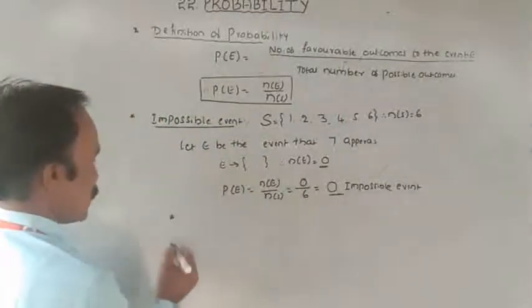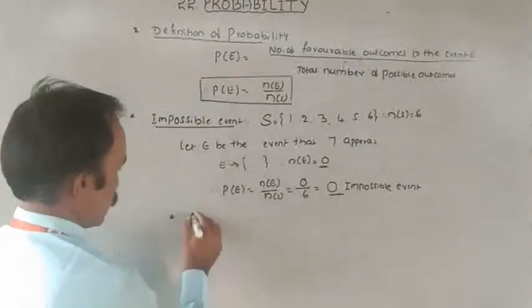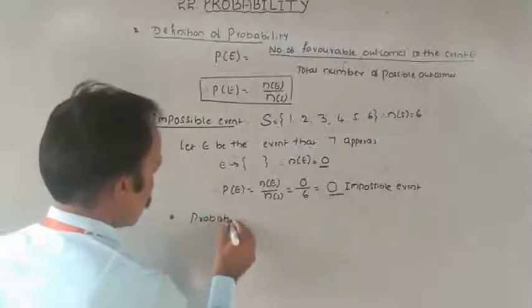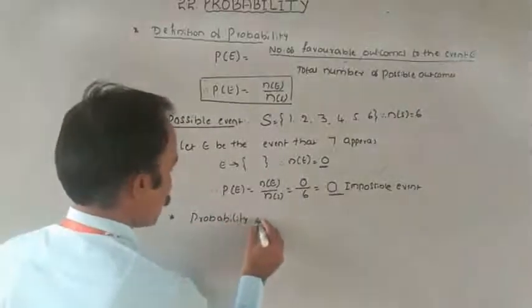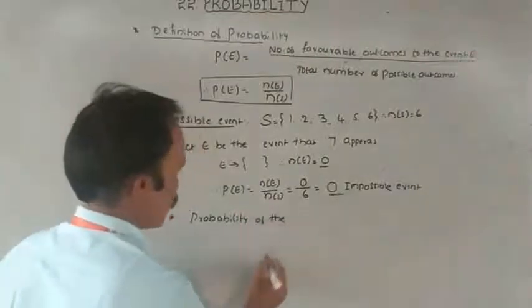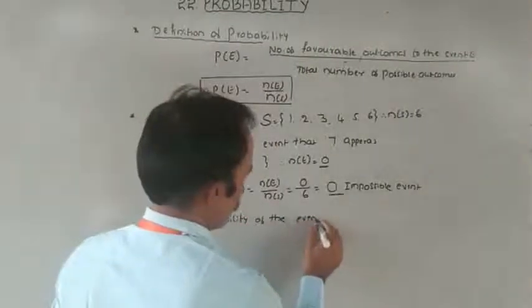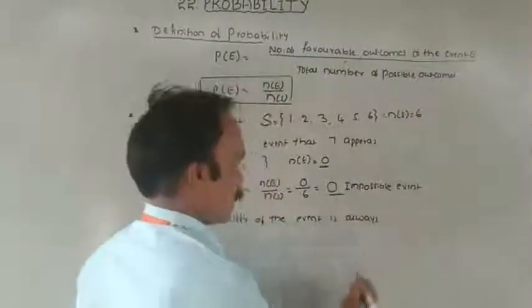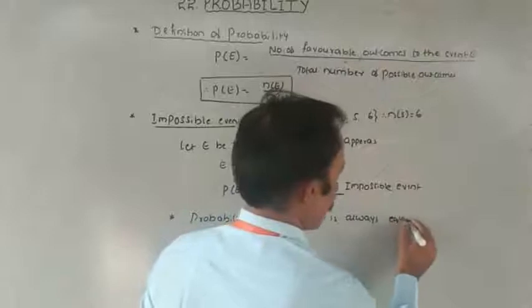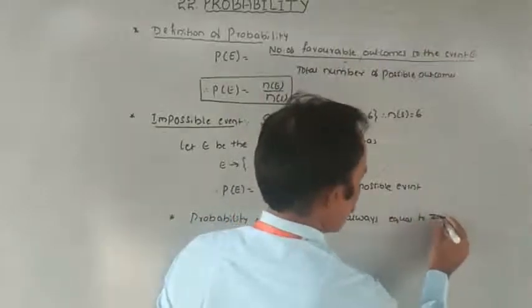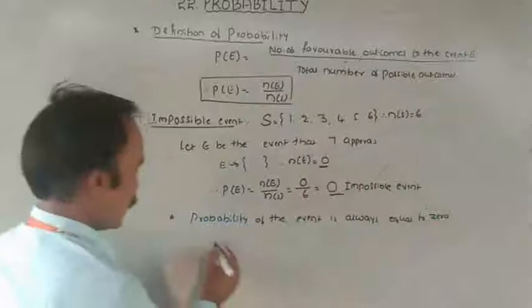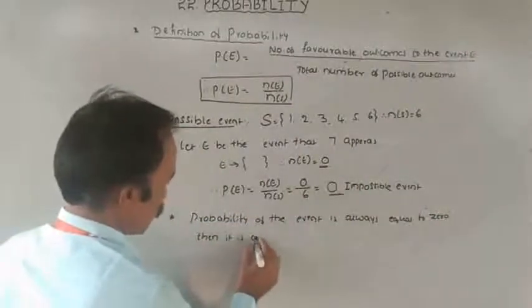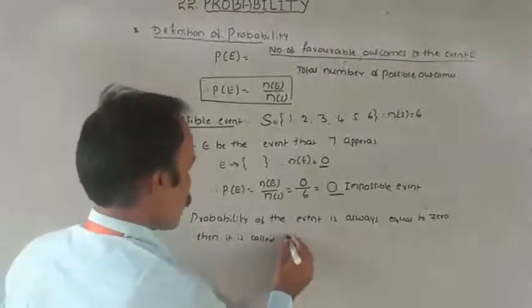Yes, note down the definition. If the probability of the event is always equal to 0, then it is called an impossible event.